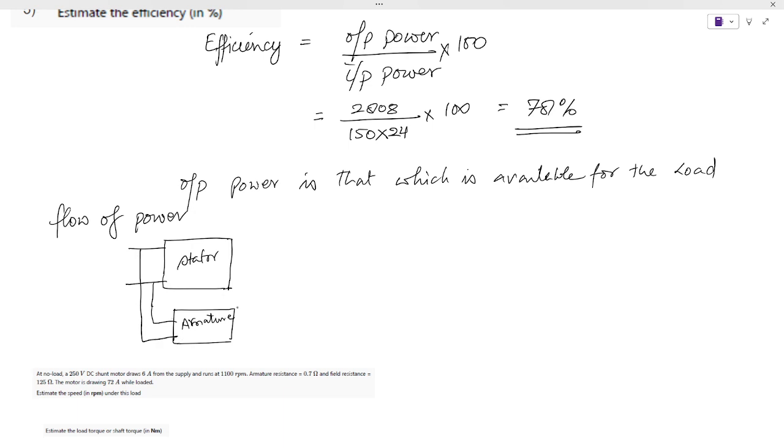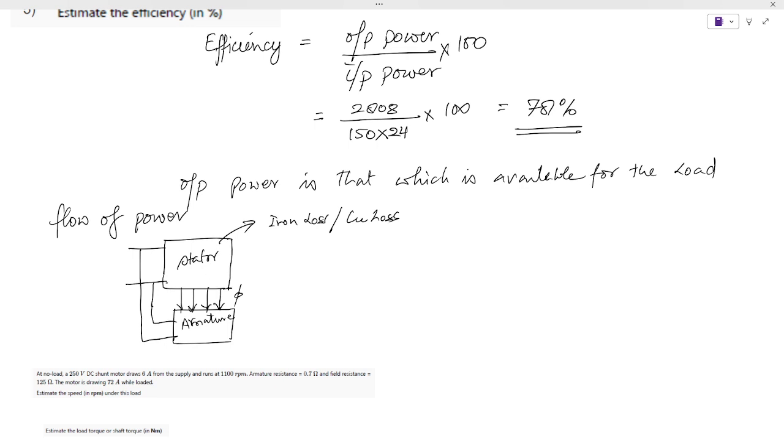Then the stator is developing the magnetic field for the armature, that is phi. Now there will be some iron loss here, some resistive loss, all copper loss will be there.